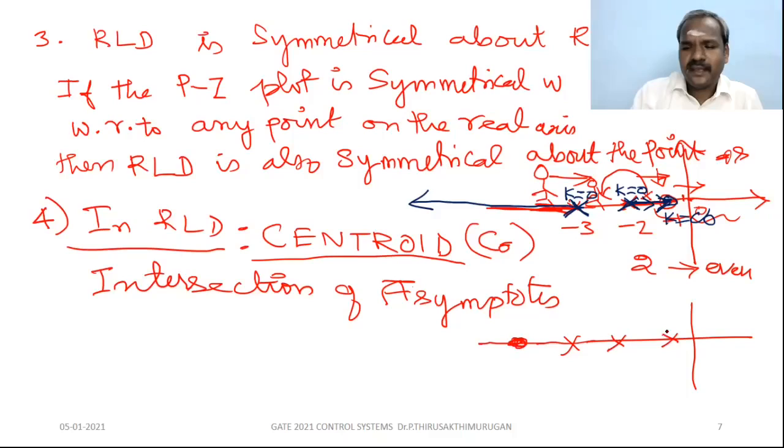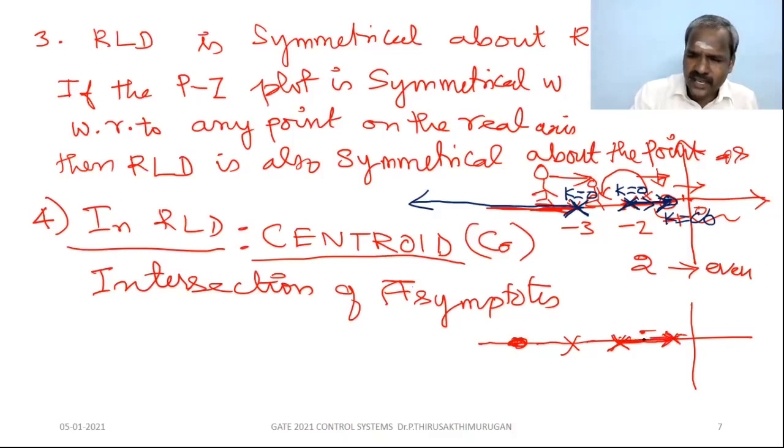Here there is no branch. If you stand here, to your right side there is an odd number, so between these two poles there will be a branch. As per the rule, one branch of the root locus starts from this pole, another starts from here.